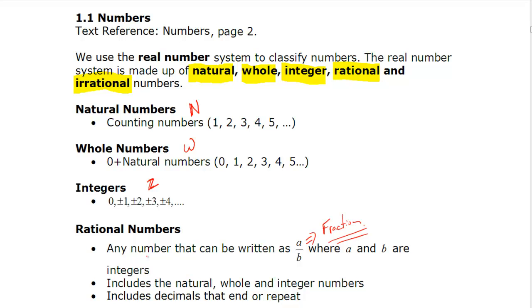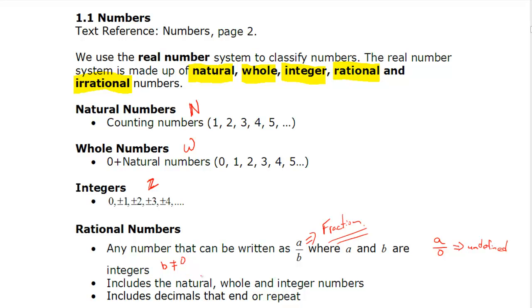This says any number can be written as a over b, where a and b are integers, but that's provided that b does not equal 0, because we wouldn't want the situation where we had a over 0, because that's undefined. You can't divide by 0. So let's make sure we add b not equal to 0 there in your notes.